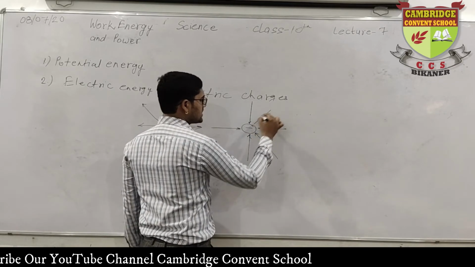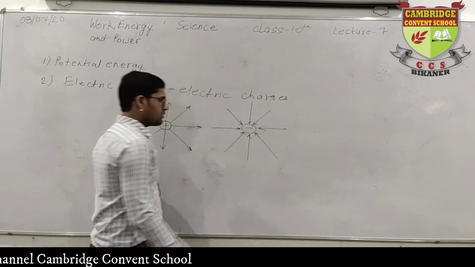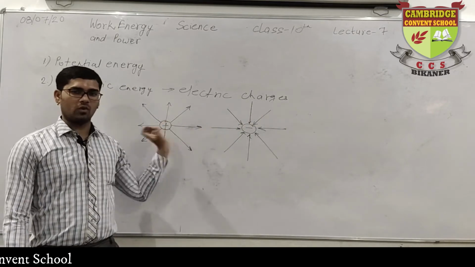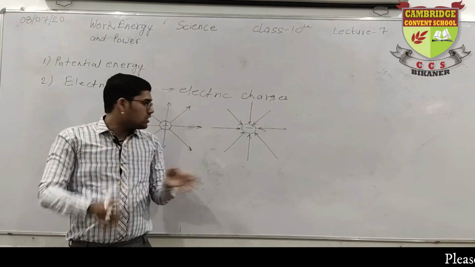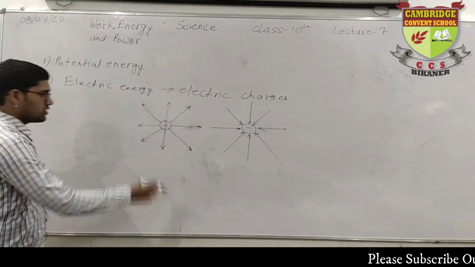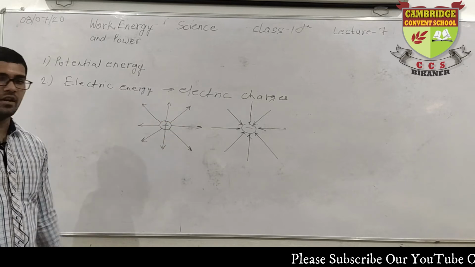And it is just because of the positive charge. The positive charge will go near the negative, so it is shown by outward directions. And for the negative charge, the positive is coming towards it, so the arrows are shown coming towards the negative charge. So these are the representations of force applied by positive and negative charges.